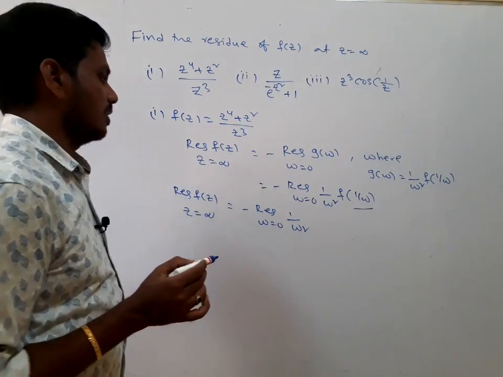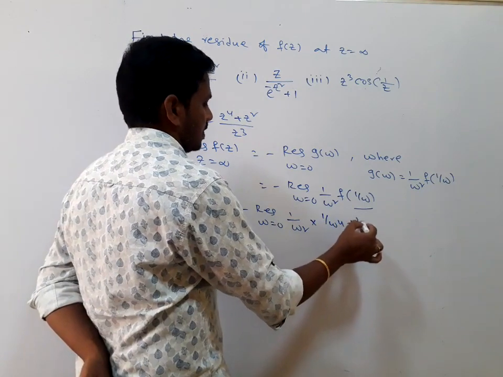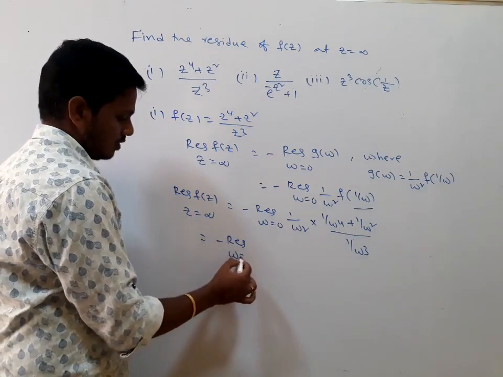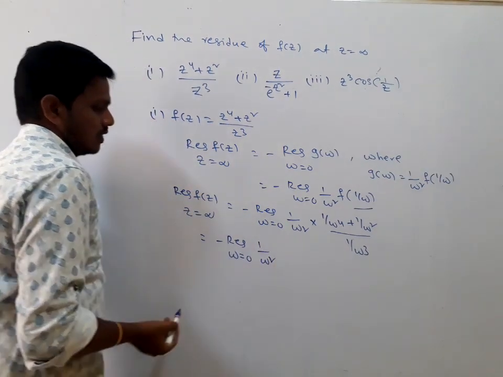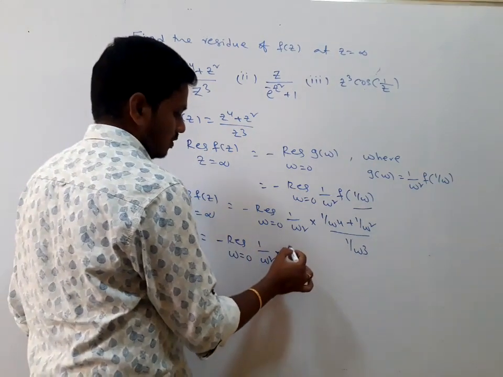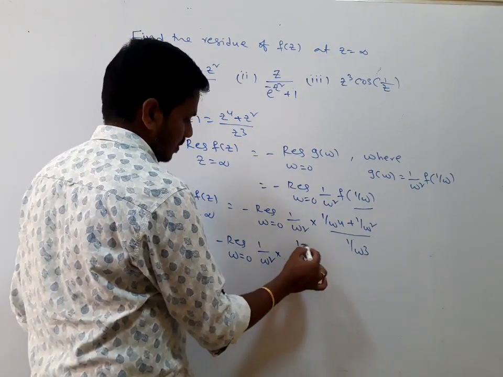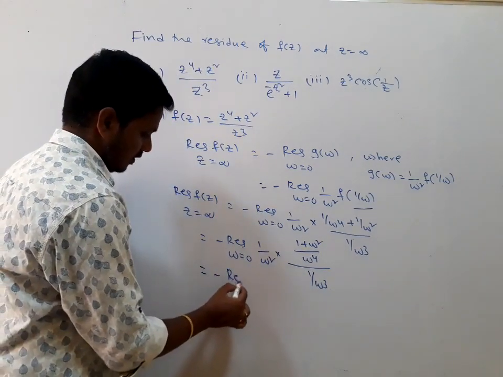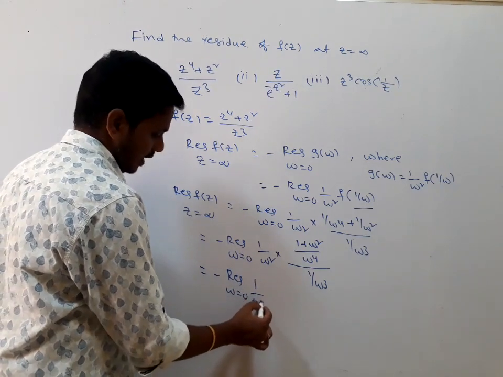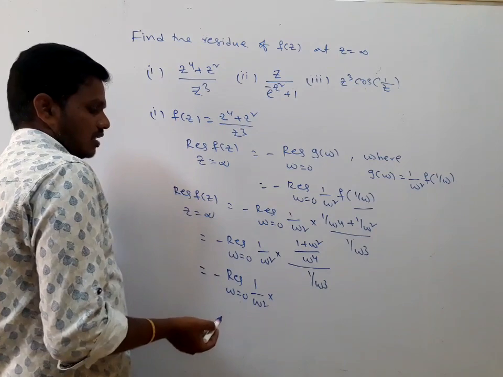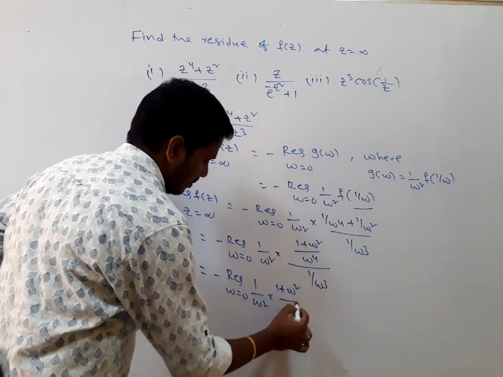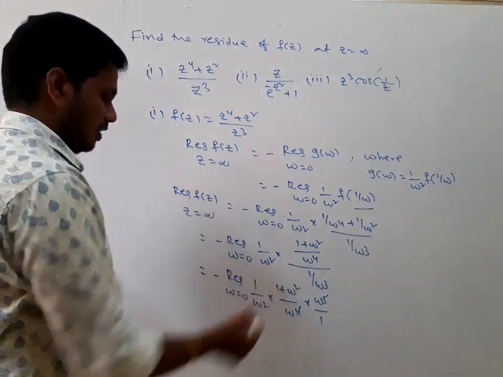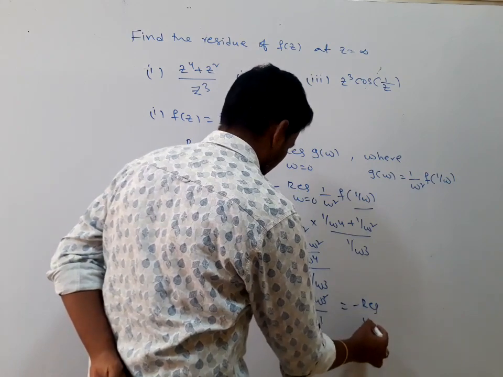Just take z = 1/w here. Here it is (1/w^4 + 1/w^2) divided by 1/w^3, which equals minus the residue at w = 0 of 1/w^2 into, in this case w^4 is the LCM, (1 + w^2)/w^4 divided by 1/w^3. For fractions a/b divided by c/d, we get (1 + w^2)/w^4 times w^3/1. Here w^3 gets cancelled, remaining w in the denominator.